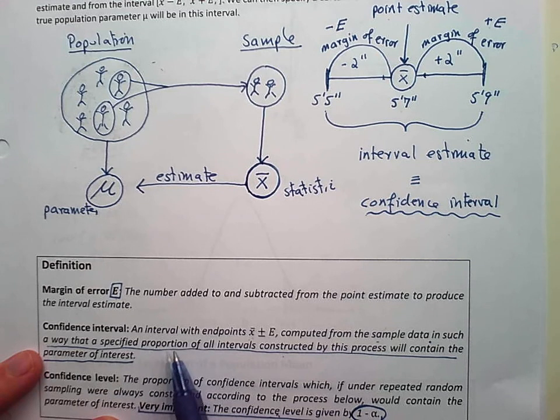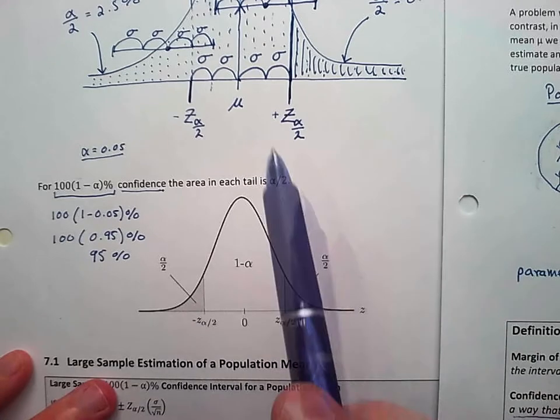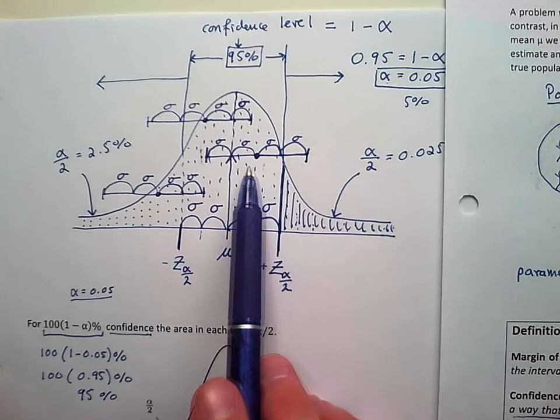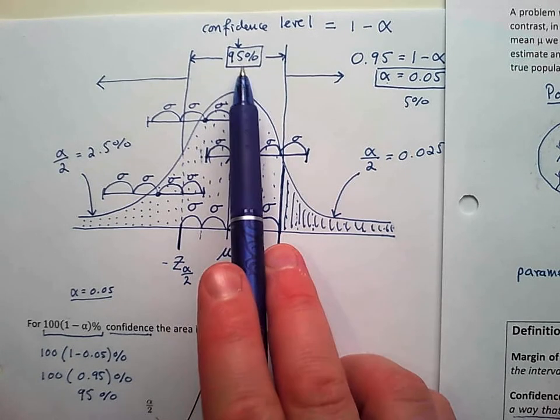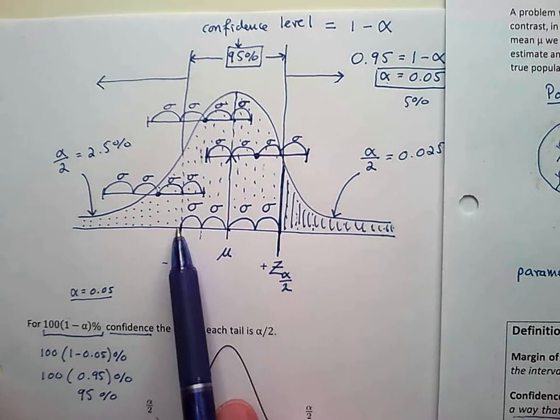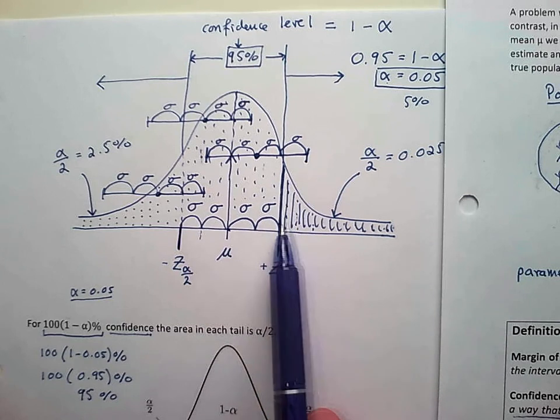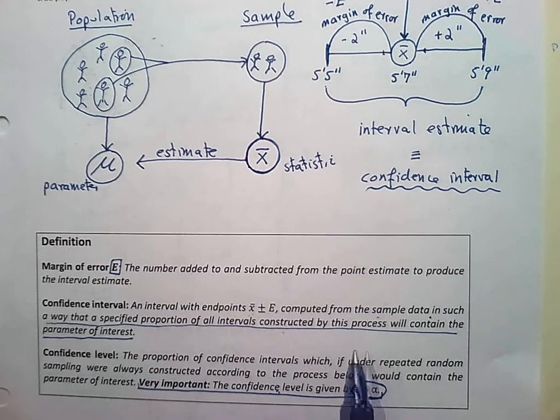In such a way, and this is what I'm hoping makes more sense now, that a specified proportion of all intervals constructed, here that specified proportion was 95%, constructed by this process will contain the parameter of interest.